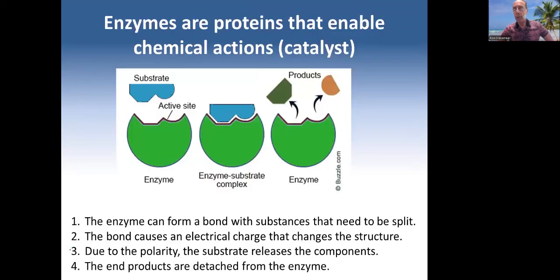So that brings us to what we already said. What is an enzyme? An enzyme is a protein that stimulates a chemical reaction. Therefore, we can call it a catalyst. So here the blue is the substrate that must be split into parts, but the enzyme does the trick because it has the electrical forces to break the bond between the 2 elements.